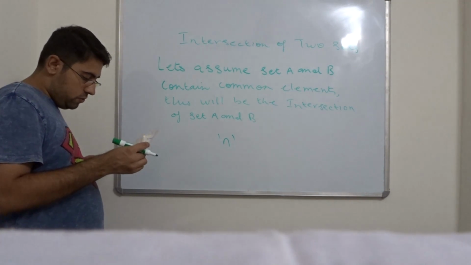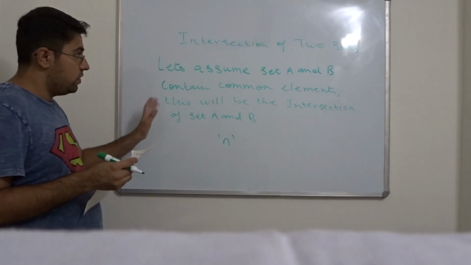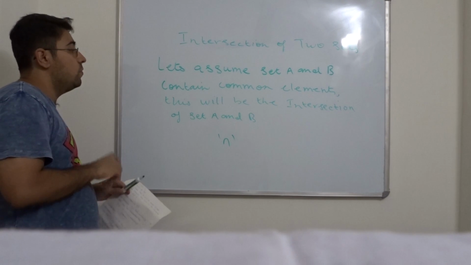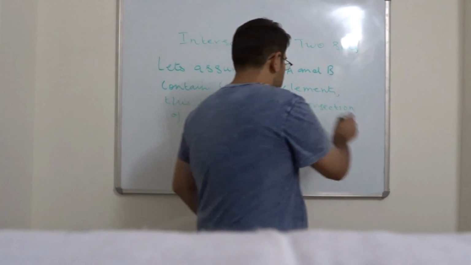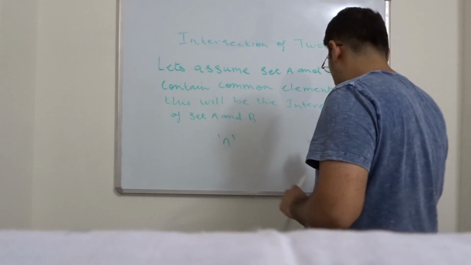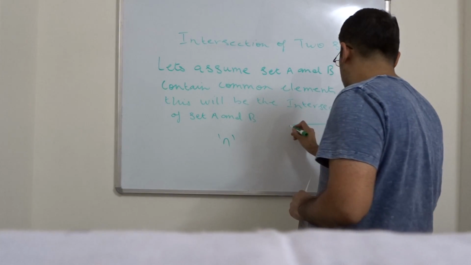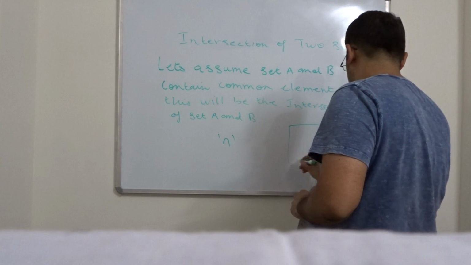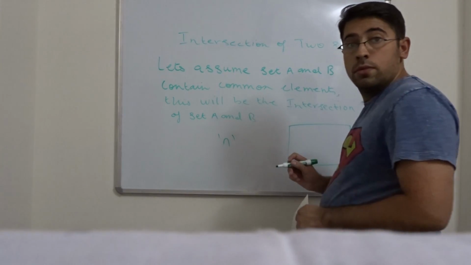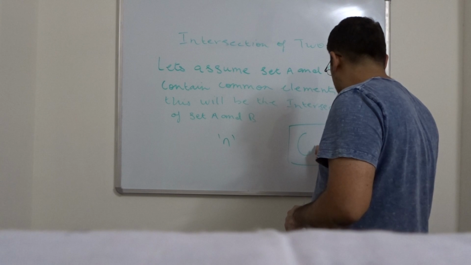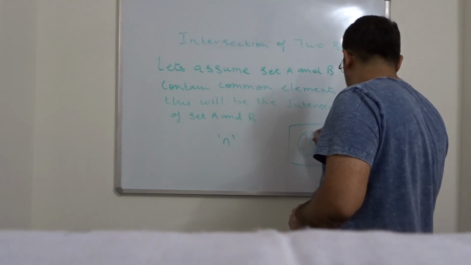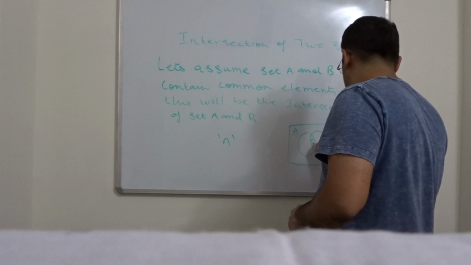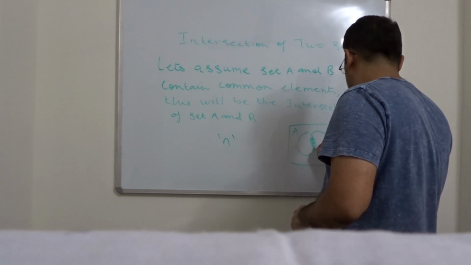Now I'm going to give you a demonstration of what it is. Say you have this here, and then you have this. So you have U, you have B, you have A. This is the intersection.